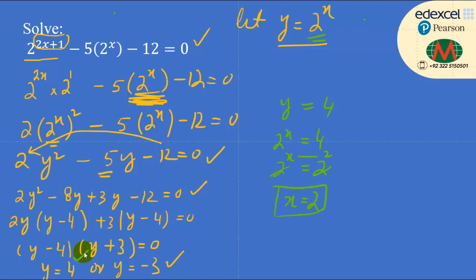Now using the second solution, y is equal to minus 3, so 2^x is equal to minus 3. In the last question, we noted that an exponential function can never have a negative value, so no solution. Therefore this equation has only one solution, and that is x is equal to 2.